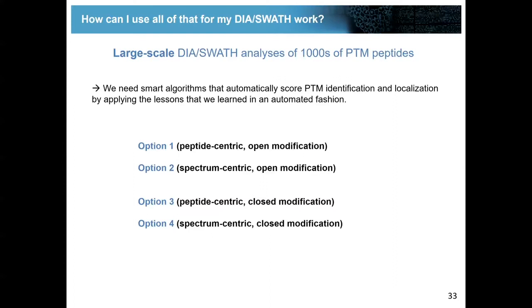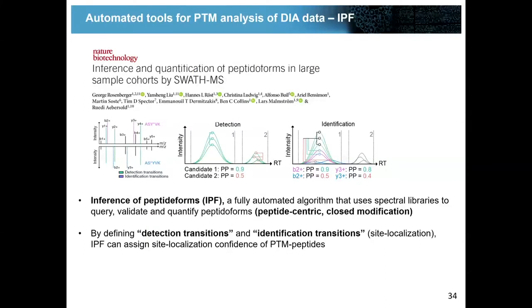And there are also option 3 and 4 where you perform closed modifications. So there are also these projects where you know exactly which PTM you're interested in because you have done a phospho enrichment. So of course you want to look for phosphopeptides only or some other form of enrichment. And again, also here there are peptide-centric and spectrum-centric tools that can do that. And at this point, I just would like to highlight which of these tools are. And again, George will tell you much more about it.